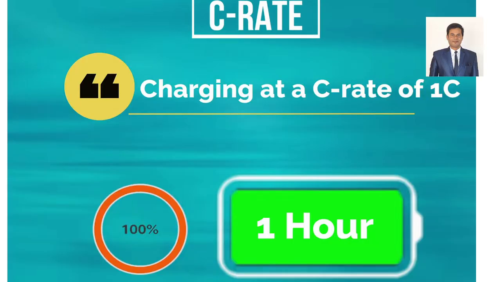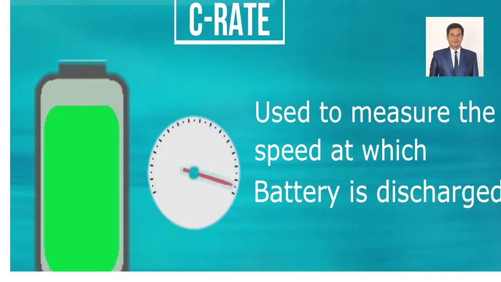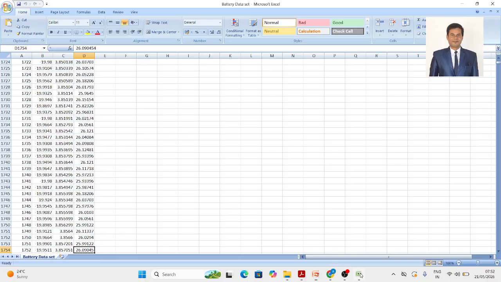In the Excel sheet data I've taken for analysis, we are maintaining 25 to 26 degrees centigrade across thousands of data points. The temperature is almost in the range of 25 to 26 degrees centigrade and does not keep increasing, because I have considered more than a thousand data points.